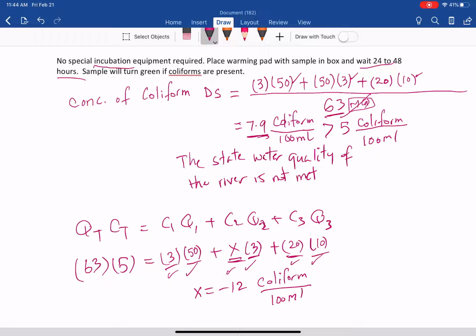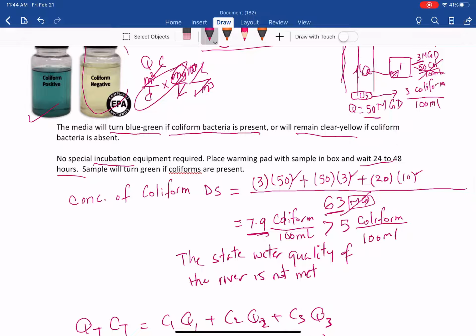You can see here that the combined coliform level from the upstream flow and Town 2, even if you force Town 1 to have 0 coliform levels, it's impossible. You know why?